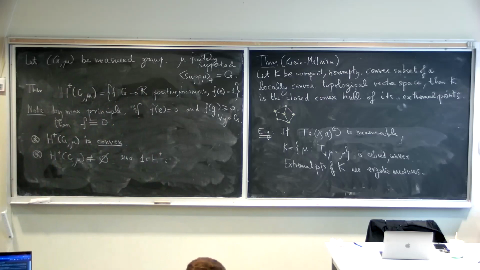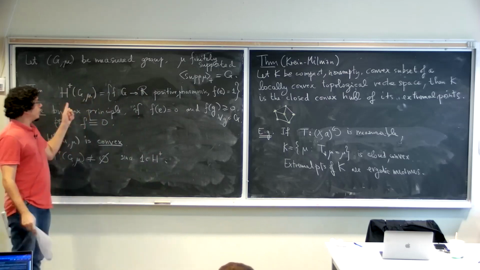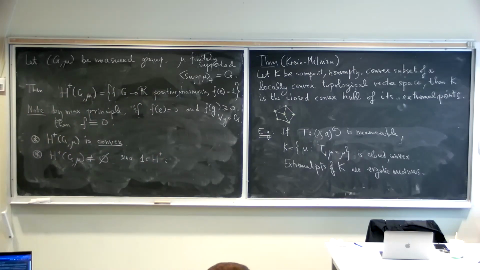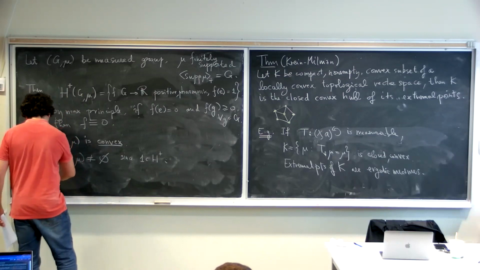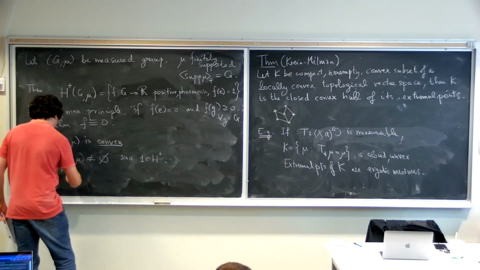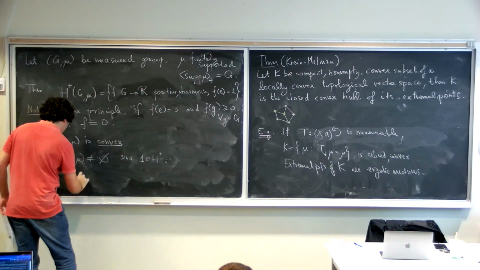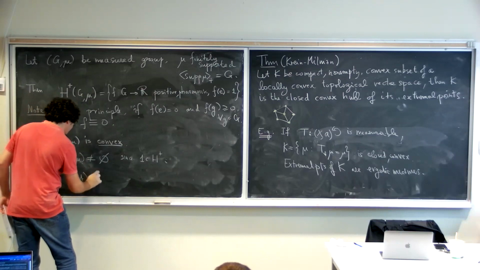Now the issue is the compactness. To show that H plus is compact, we need some a priori bounds on these functions. But the a priori bounds are not so complicated.